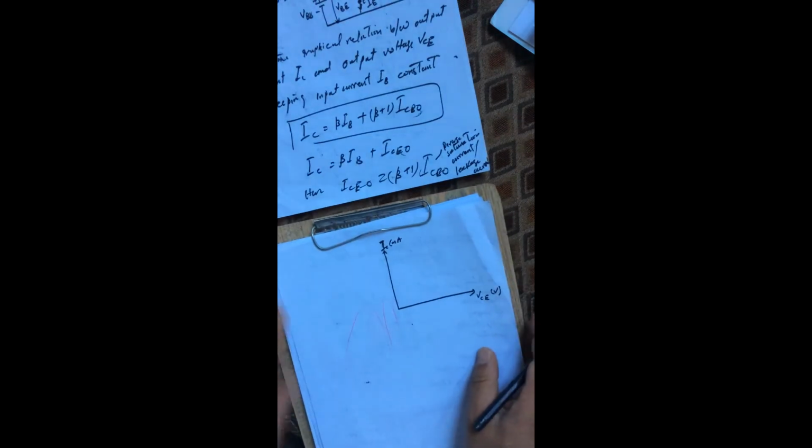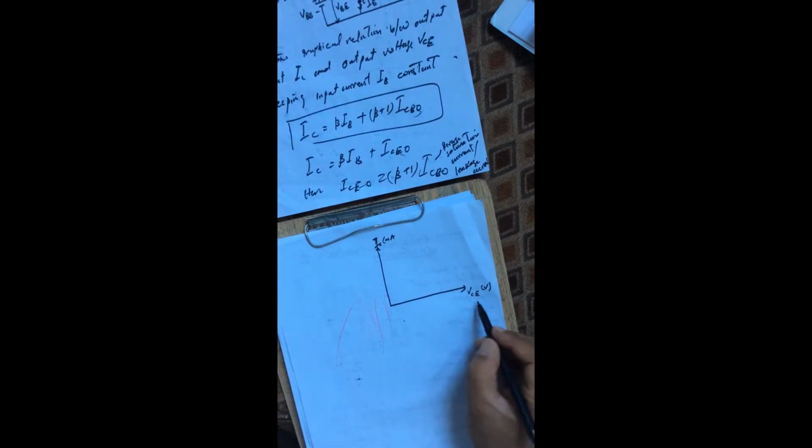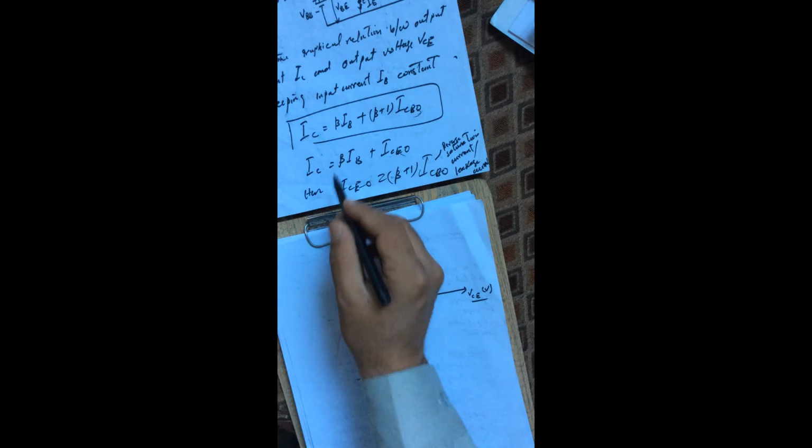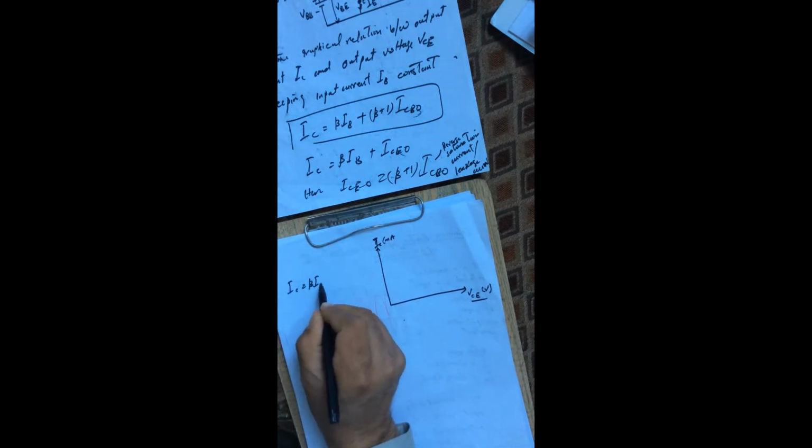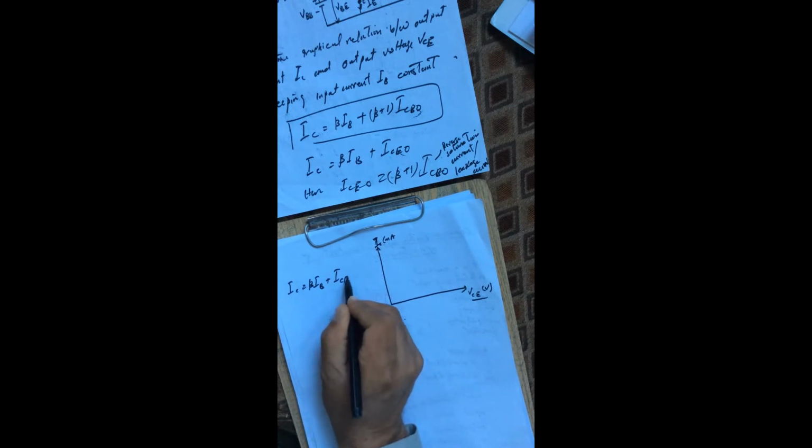Now we have to plot a relation between the output voltage and output current by keeping the input current constant. If we look at this equation, IC is equal to beta IB plus ICEO.